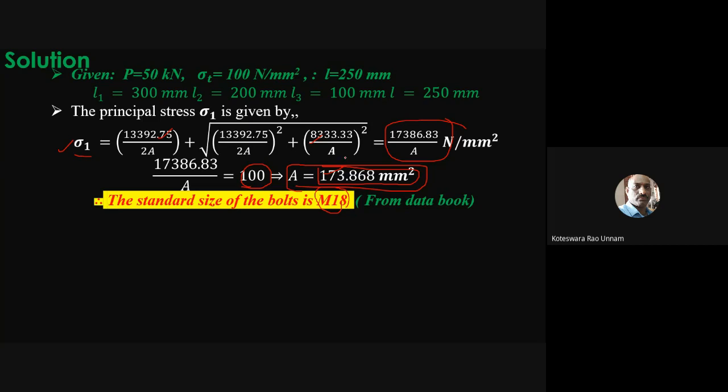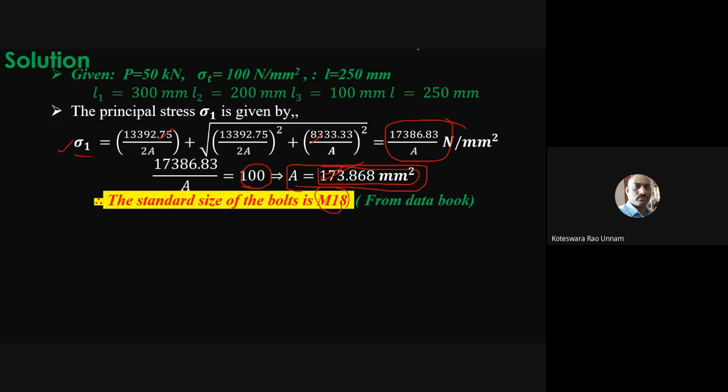For a given diameter, how did I select M18? Take table number 8.7. The first column is basic diameter or nominal diameter and the last column is tensile stress area. Here we calculated that the tensile stress area is 173.86. If I go for M16, the tensile stress area is only 157, but here we require 173.